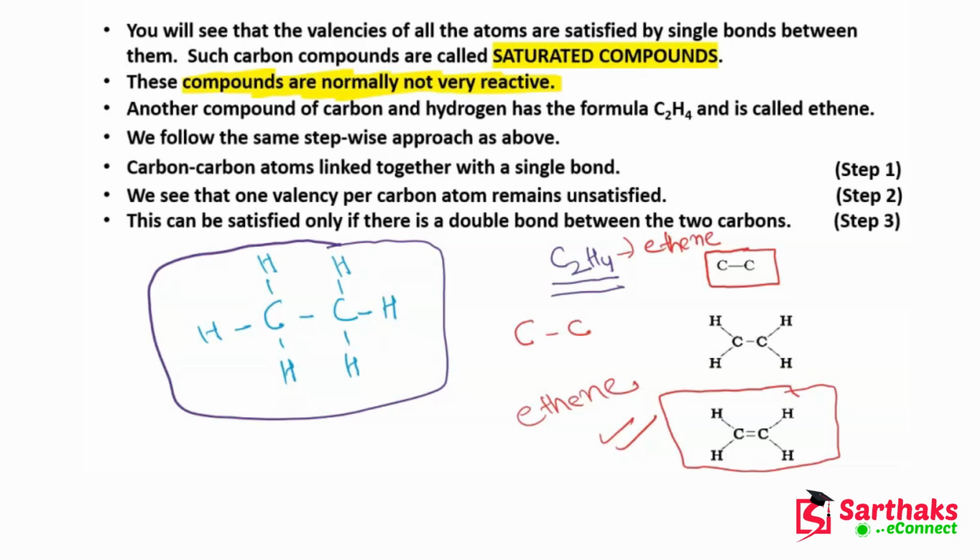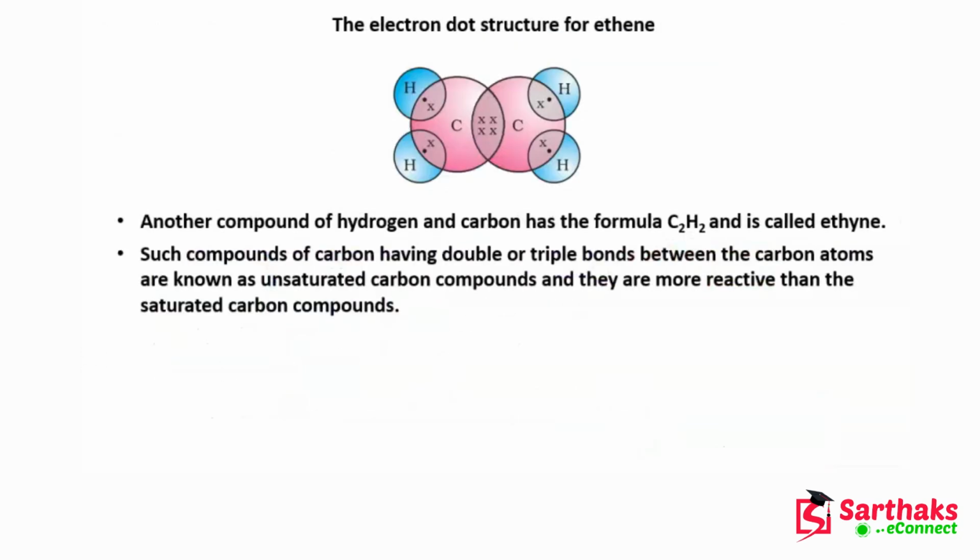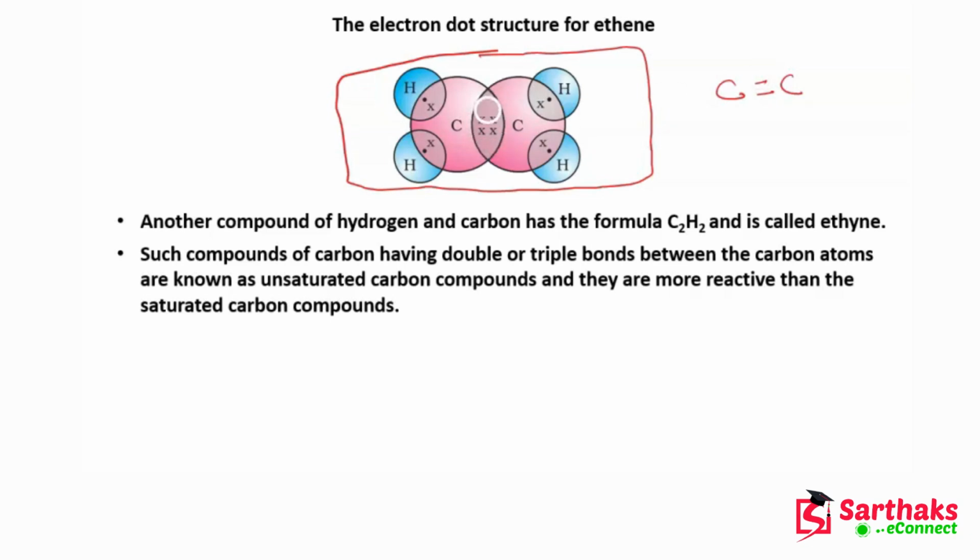I hope this point is clear to you. Now let's move on to the next slide and talk about the other points. Students, this is the electron dot structure for ethene. You can see that the carbon and carbon atoms are connected with a double bond. Double bond means there is a sharing of two pairs of electrons.